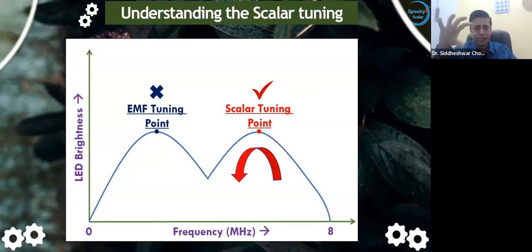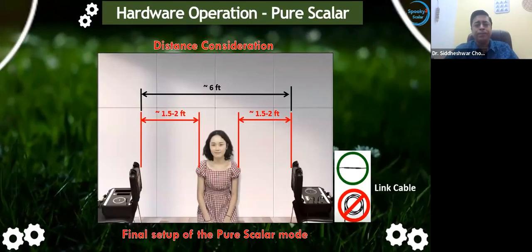If you keep turning and get a second bright point, the next bright point after the scalar point is the EMF tuning point. That is definitely not the field you should be sitting in. So make sure you tune the scalar carefully. This is the only critical thing to understand here. Tune from 8 megahertz, and the first brightest point is the scalar tuning point.